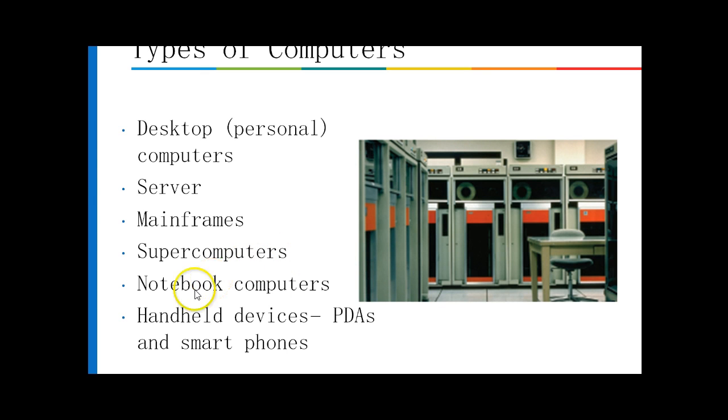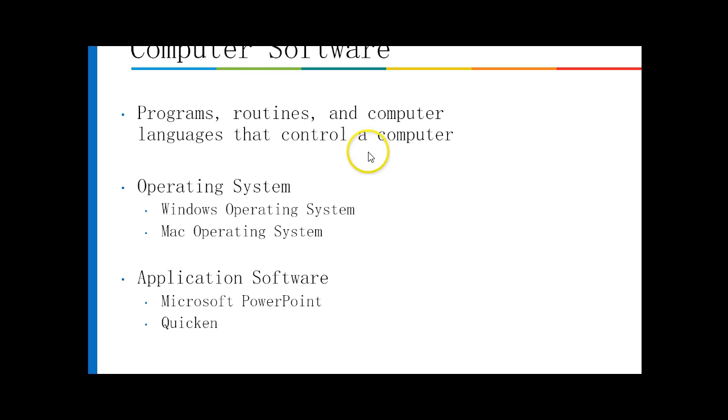But as you know, we have handheld devices, we have network computers, we have tablets, we have supercomputers, we have mainframes, which is one here. We have a server, and a server is generally a network device that allows computers to link to it and share information. That includes printing capabilities, etc. Computer software: operating system and application.